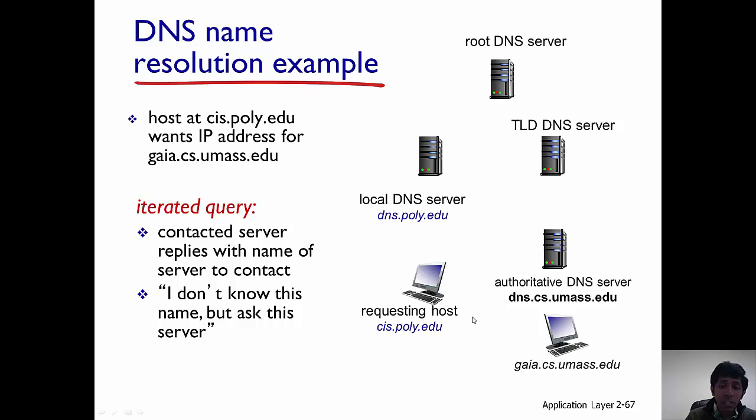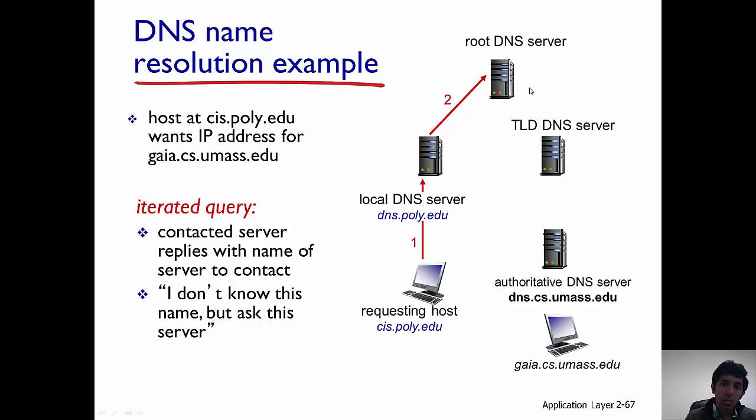So what it does is, first it sends a query to its local DNS server. If the local DNS server has the host name to IP address mapping, it's going to return that back to the requesting host. But let's assume that the local DNS, that is dns.poly.edu, does not have that information. In the iterated query example, it's going to route this request to the root DNS server.